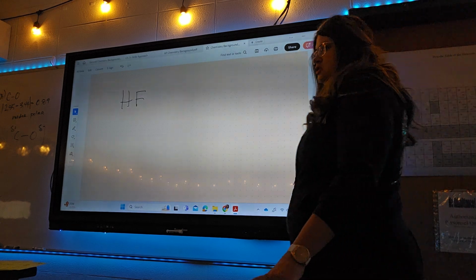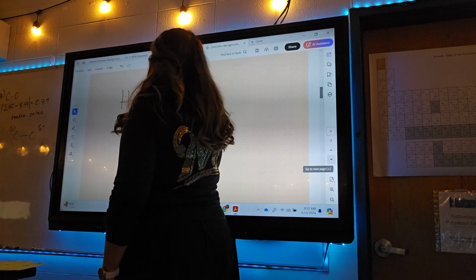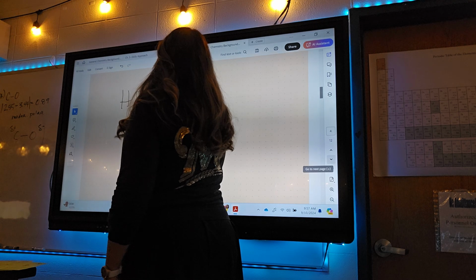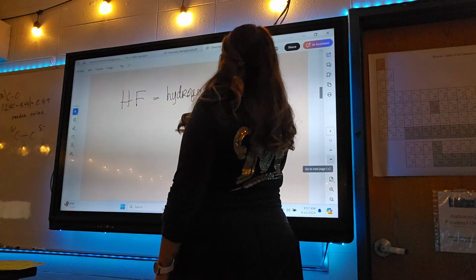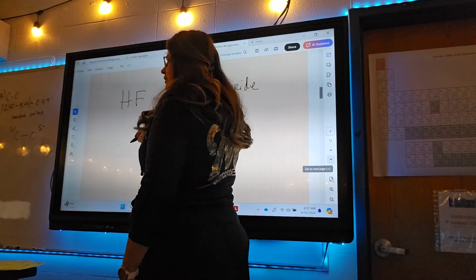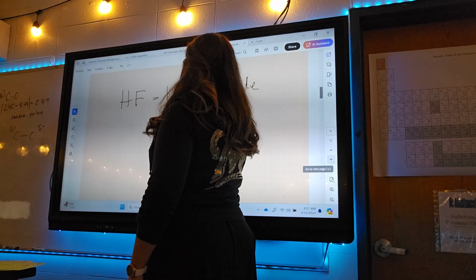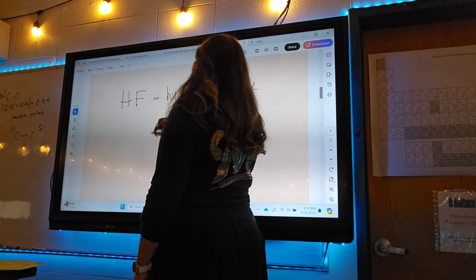So the actual proper way to name this is not hydrogen monofluoride like I showed you before. You could also name it hydrogen fluoride without the mono, but it also has another name. It's also hydrofluoric acid.